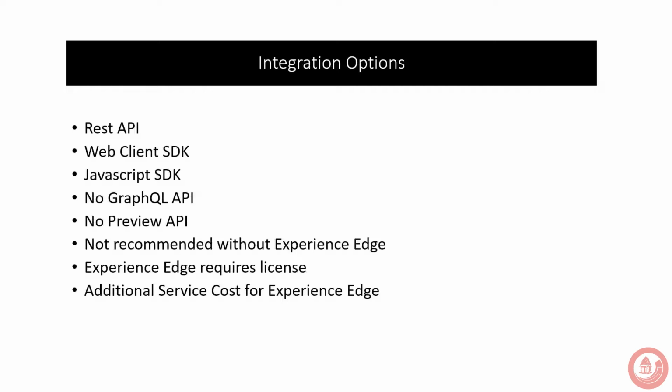So you can use the web client SDK. Usually you will be using the web client SDK from .NET applications. And if you are a good JavaScript developer, you can use the JavaScript SDK. But as I said, they are just wrappers on top of the REST API. If you use Content Hub, those are the three options to get to Content Hub data. There is no GraphQL API. There is no preview API. So you only have REST APIs and these two SDKs available.